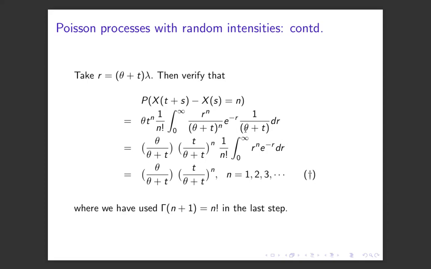Note that this is a gamma integral, and this is precisely gamma of n plus 1. One also knows from the properties of gamma functions that gamma of n plus 1 is n factorial.